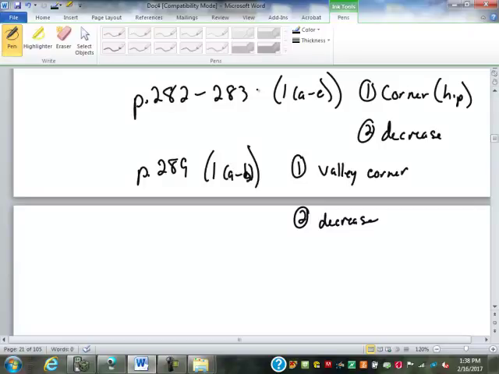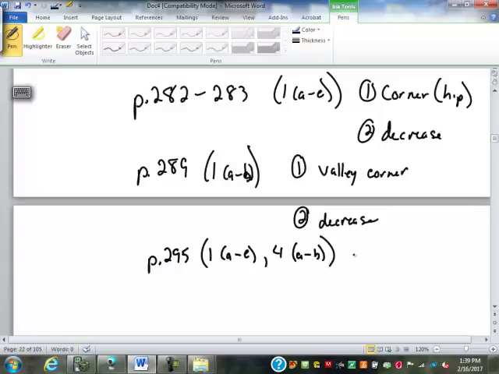And then for unconventional hips. Actually, let's keep going here on page 295. Problem 1, A through E. And problem 4, that's just A and B. We're not going to do C yet.